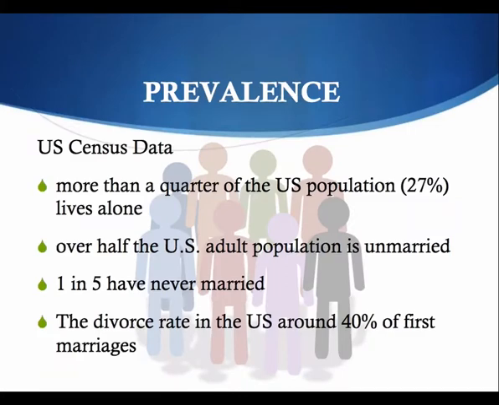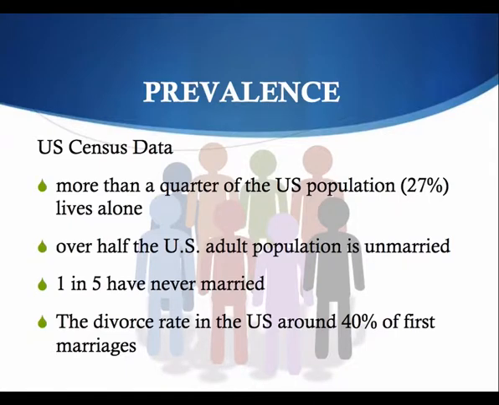So in terms of what the prevalence rates are, or to what extent the population is affected by this, we first need to acknowledge that many indicators are not routinely collected, and so getting precise estimates may be difficult.